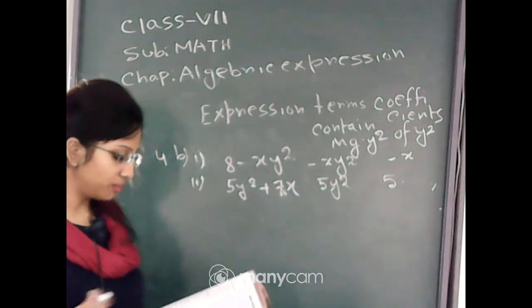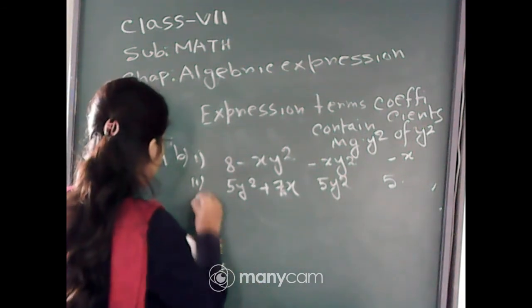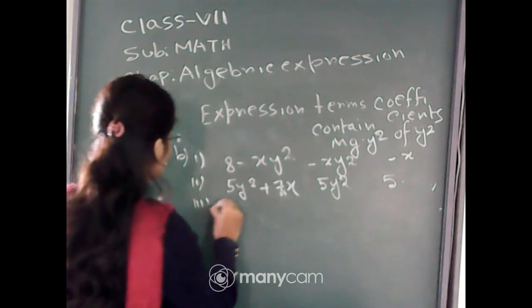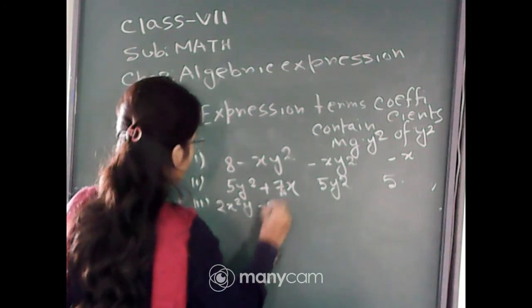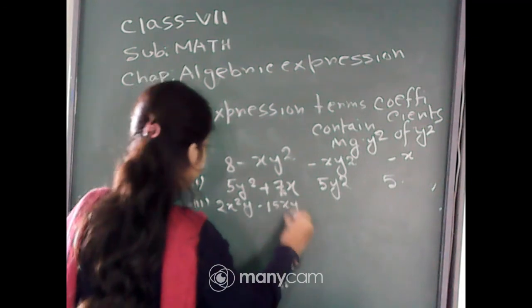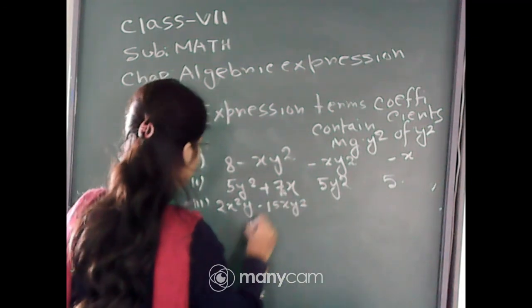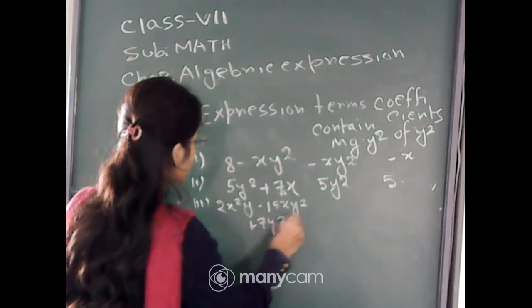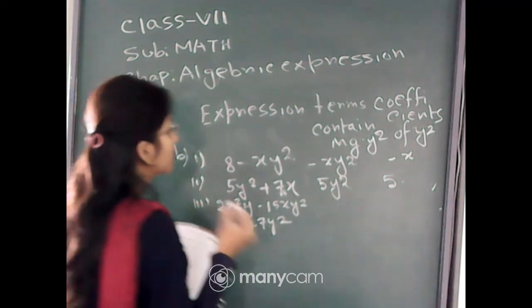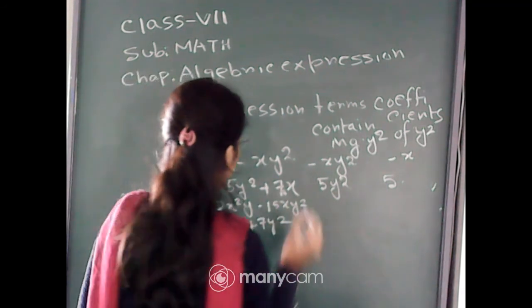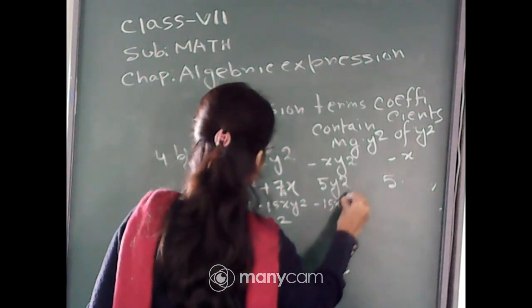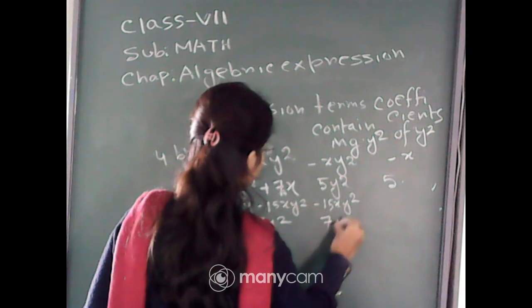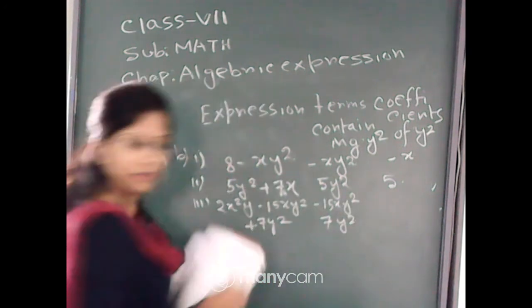Next, question number 3. Here the algebraic expression is 2x square y minus 15xy square plus 7y square. In this algebraic expression, the terms containing y square are minus 15xy square and 7y square, isn't it?